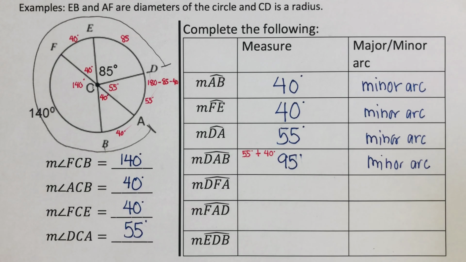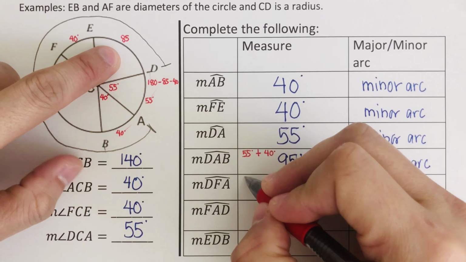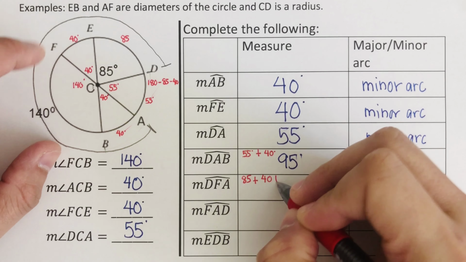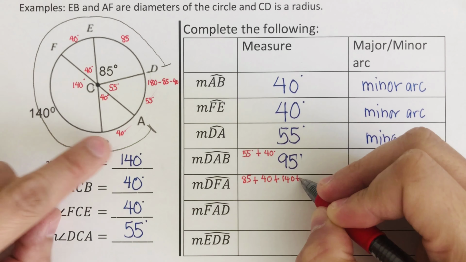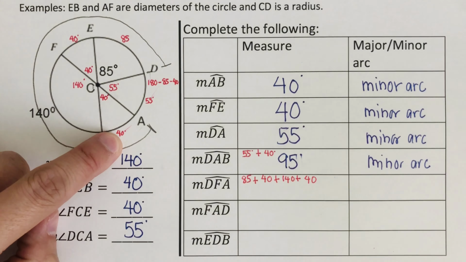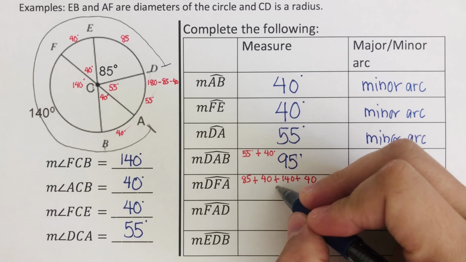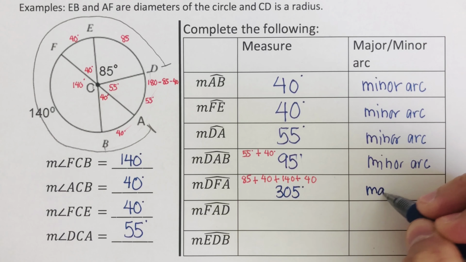The numbers that we're adding here are 85 plus 40 plus 140 plus 40. If we add all of these together, this sums up to 305 degrees. And so this is a major arc.